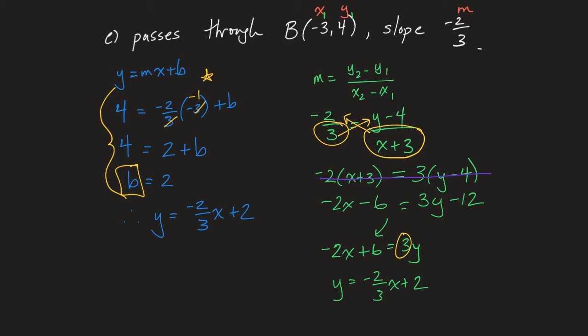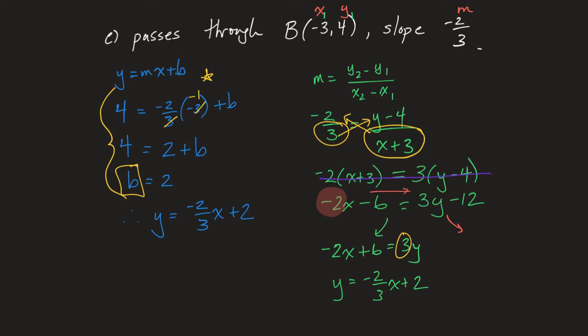However, maybe I wanted to take that line and I wanted to put that in standard form. So I want to put it with all my terms on one side of the equal sign. Then what I need to do is I need to make sure that my x coefficient is positive. So I'm going to picture everything going to the right side.